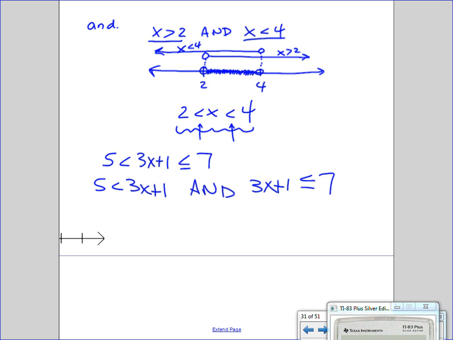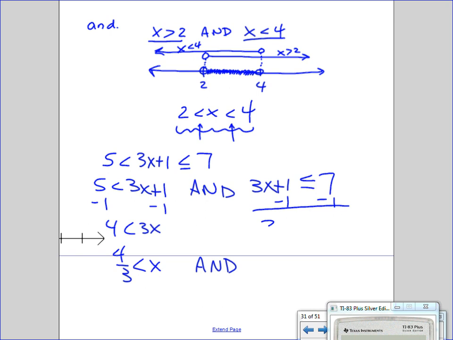Now, in the first case, just as we were solving simple inequalities, you would subtract 1 from each side to get 4 is less than 3x. Then you would divide both sides by 3 to get 4/3 is less than x. That would be connected with an "and" to the solution of the other one. For the other one, you would subtract 1 from each side to get 3x is less than or equal to 6, and then you would divide both sides by 3 to get x is less than or equal to 2.